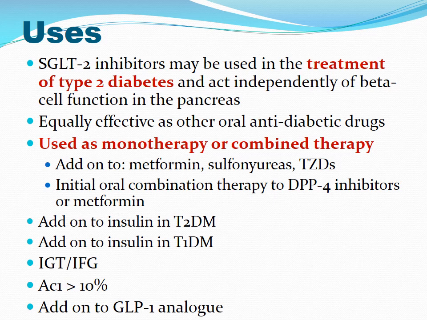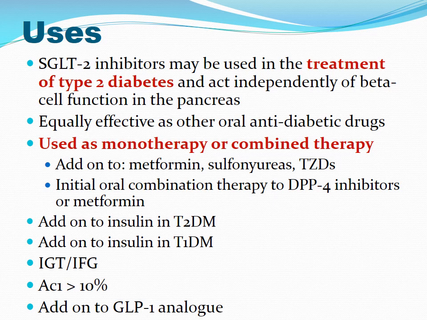They can be used as add-on in combination with metformin, sulfonylurea, or thiazolidinediones. They can be used in combination therapy with dipeptidyl peptidase 4 inhibitors or metformin. They can be added to insulin in type 2 diabetes, and to insulin in type 1 diabetes, improving glucose tolerance test results and fasting glucose level.